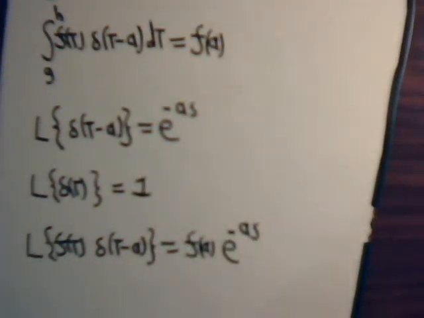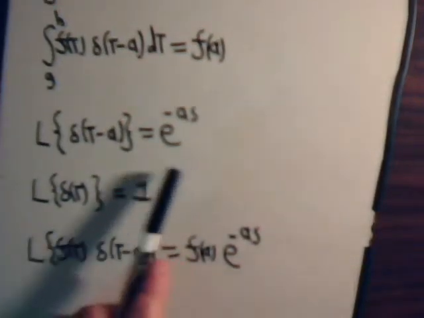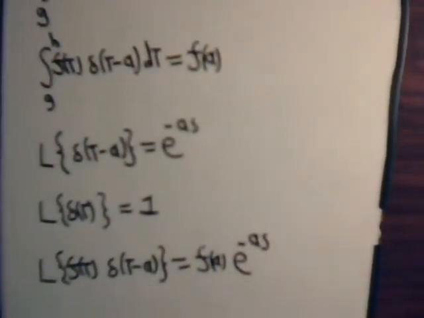So here are 1, 2, 3, 4, 5 basic equations involving the Dirac delta function and Laplace transform properties of it. I think in the next video we'll just try to work some examples here using these different formulas.